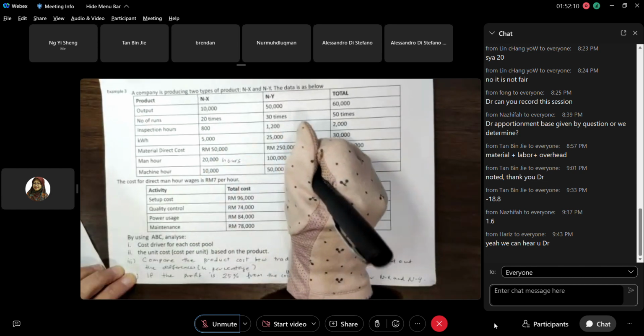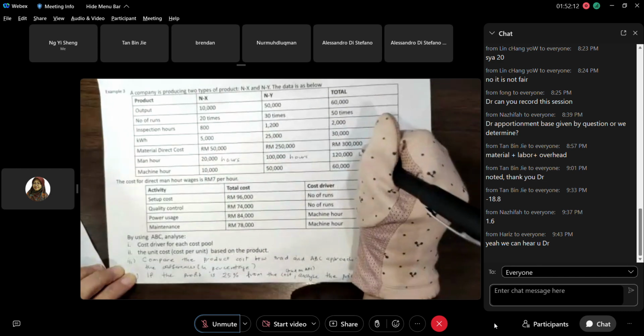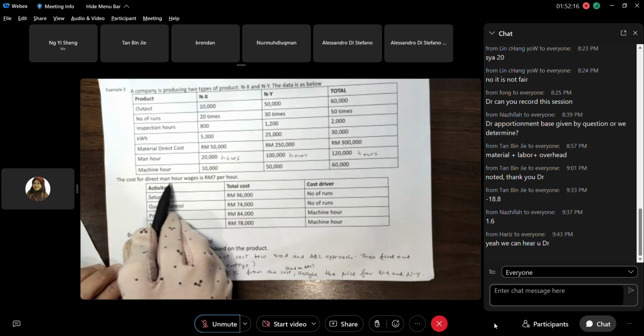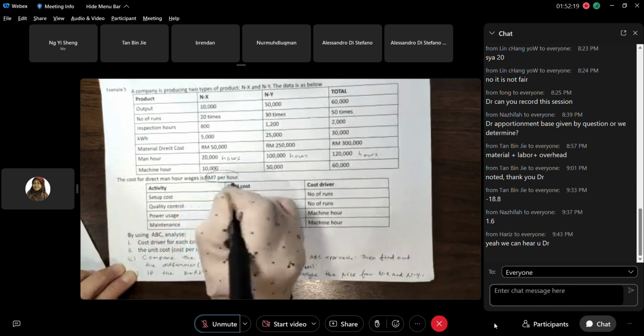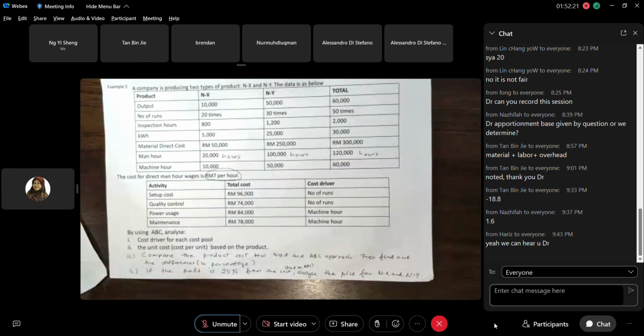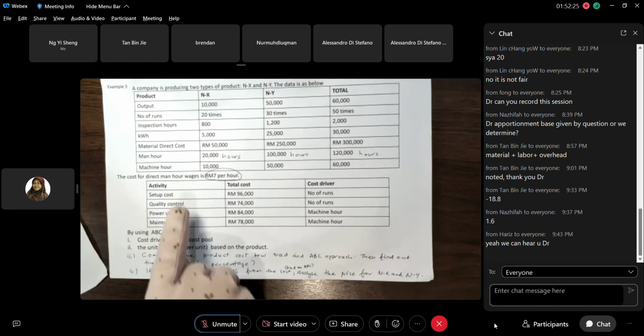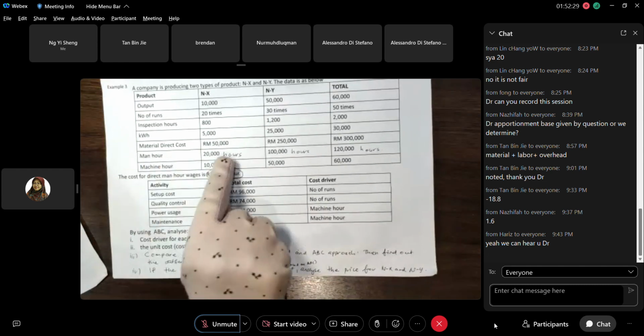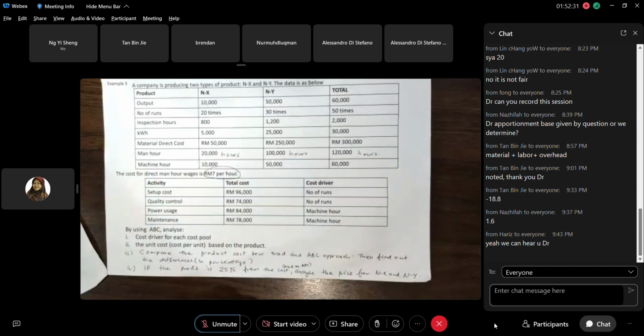It is hours here. Okay. The direct man hour wages is, ni kena tengok. So you have the man hour is RM7 per hour. And then we have man hour is 20,000 hours and 100,000 hours.